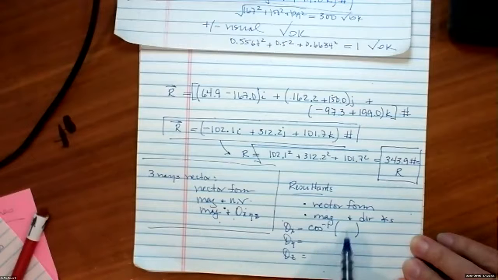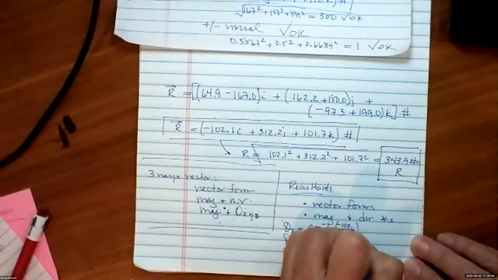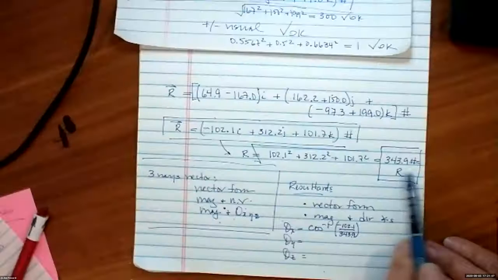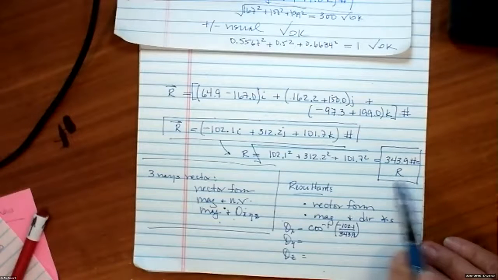Can you try inverse cosine of the resultant? Yes. So negative 102.1 over? The total length of the vector. Well, you mean the resultant force, right? Yes.